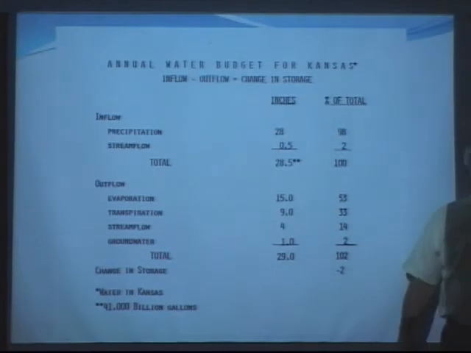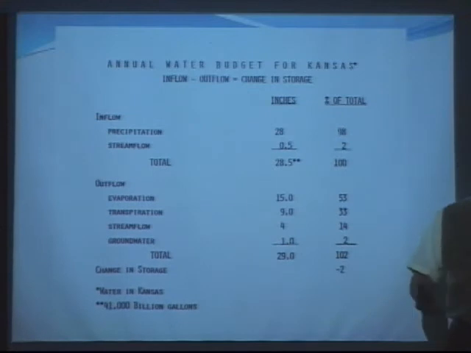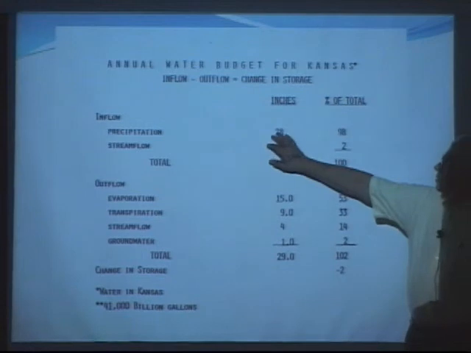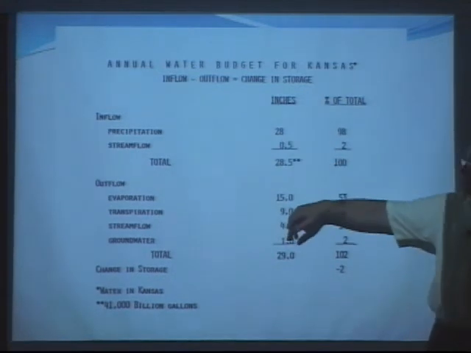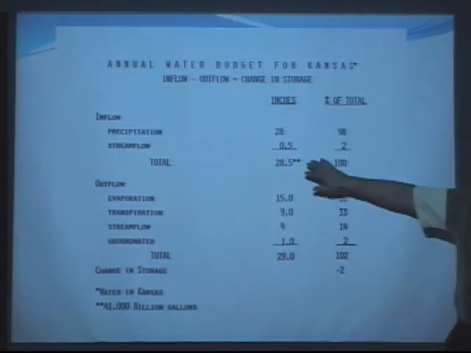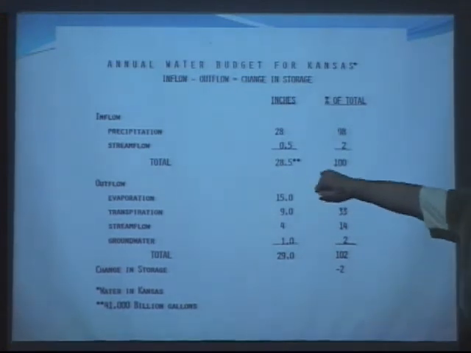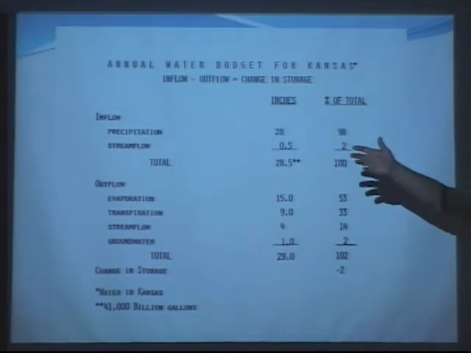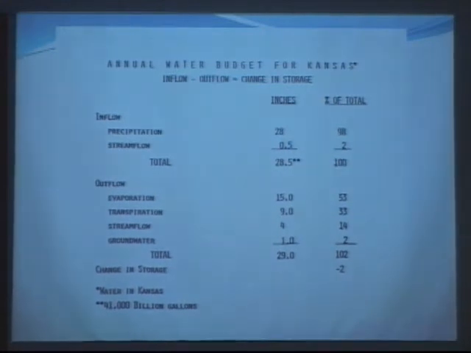Okay, this is a table with essentially the same kind of data, but the numbers were calculated for a different period of time. So instead of 27 inches, we're showing precipitation is 28 inches, but still the relative size is what I want you to think of. On the inflow side, only about a ½ inch is streamflow coming into the state from the Republican River and the Arkansas River from Colorado.